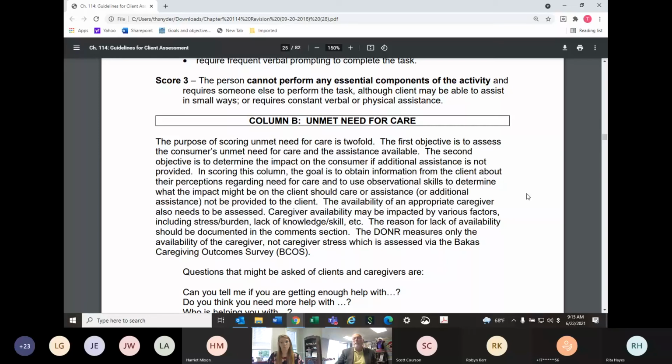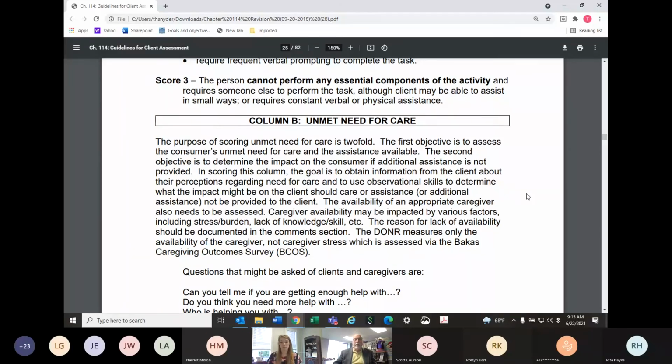For example, if the individual says, "Yeah, my daughter's coming over every other day and giving me a bath," but the clothes are stained, the skin is stained, there's an odor coming from the person, there's a conflict there that I need to resolve.